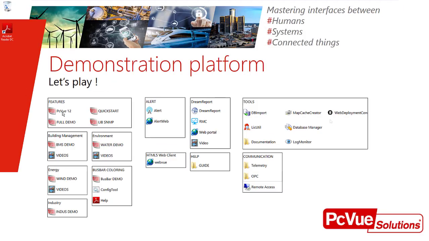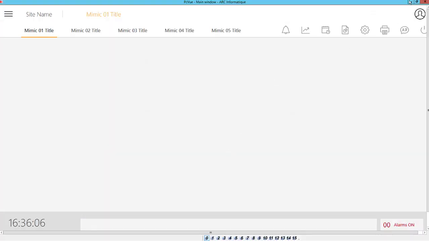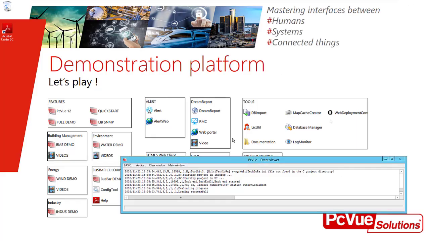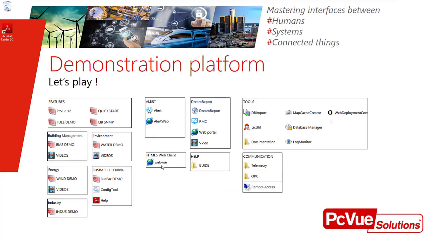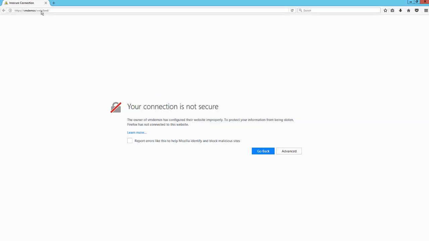Okay, let's run the project. My project. Okay, here we go. Now let's check in a web browser. Okay, the address is the name of the station / web client. As you can see here, the connection is not secure because we used a self-signed certificate. No problem.